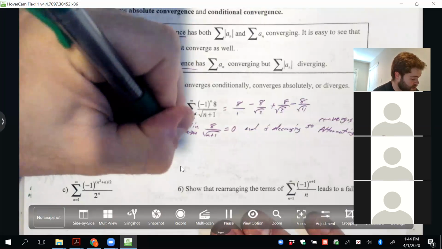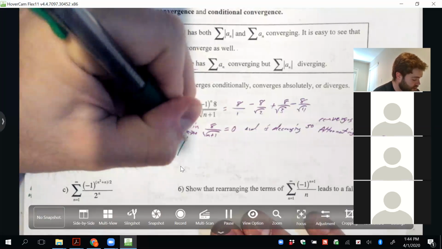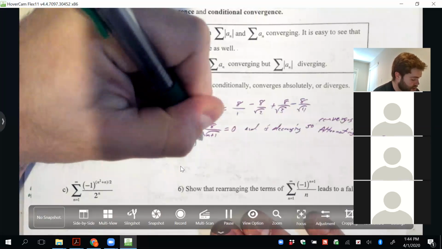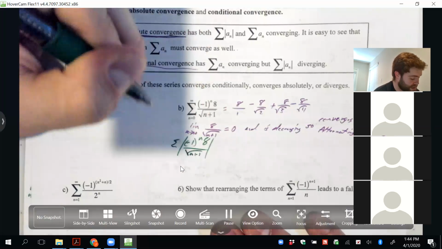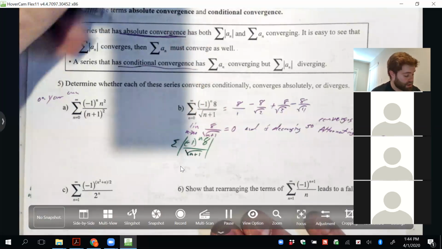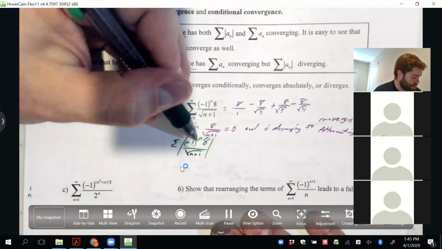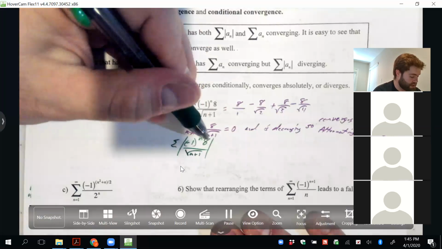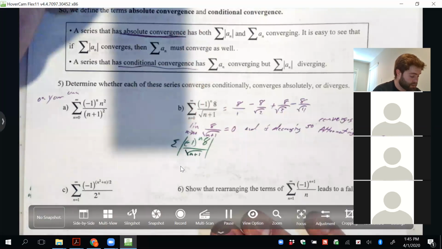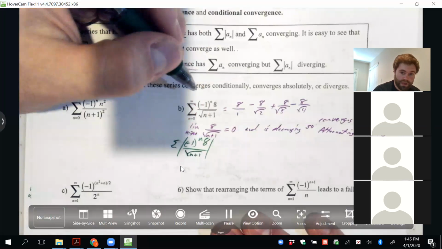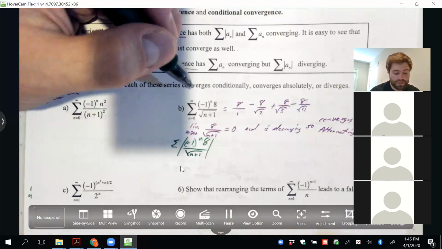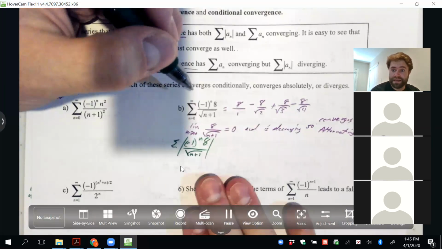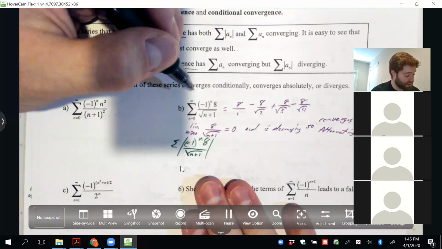We want to see, does the summation of the absolute value of -1 to the n of 8 over square root of n plus 1 converge? And doing that essentially just gets rid of the -1 to the n power. So we have 8 over square root of n plus 1. We're going to do the limit comparison test. And I want to compare it to one that I know something about and that looks similar to this, but just slightly less complicated.